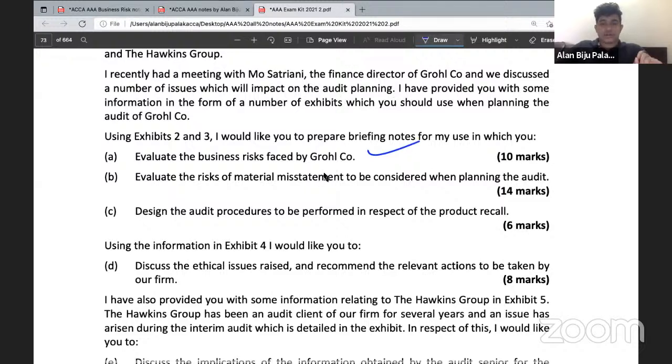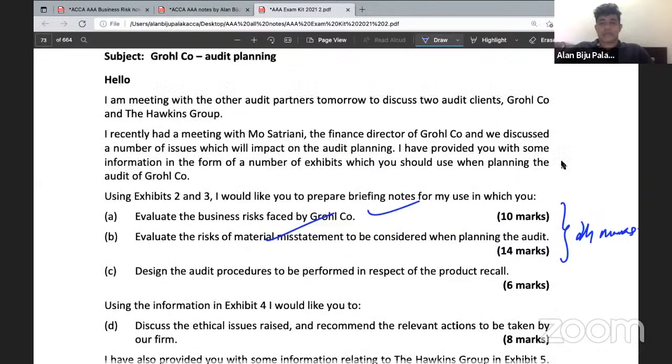In addition, there is also a question that requests you to write about the risk of material misstatement. You need to mention all the risks of material misstatement that appear in the scenario. That's a 14-mark question. So in total, you're getting 24 marks from the scenario, which is approximately around 50% of your pass mark, right? So you're getting 24 marks from this area. So we'll just start with this question.